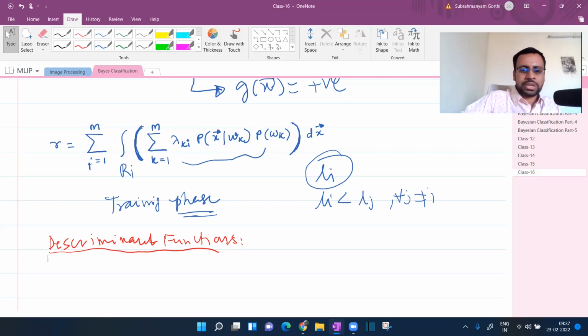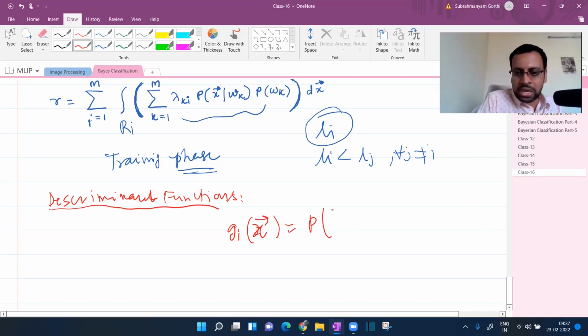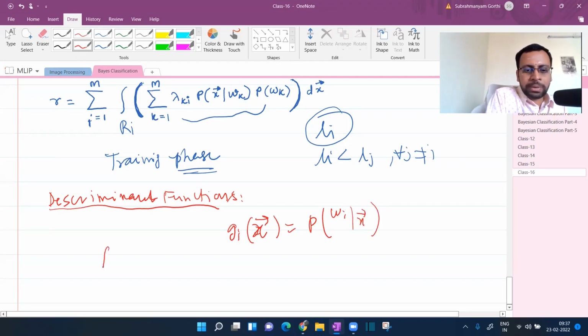Say, for example, let's say your gi of x bar is defined as the probability of omega i given x bar. Then you apply a function on your likelihoods. Let this function be a monotonically increasing function.